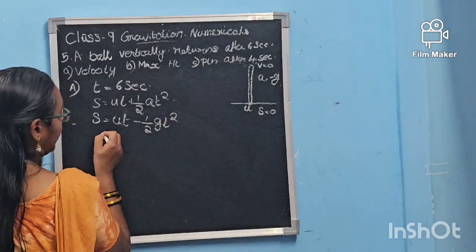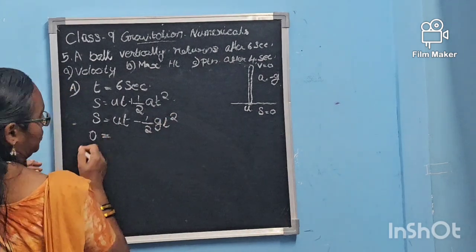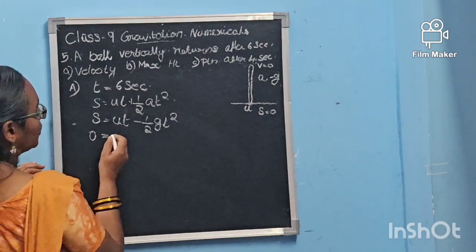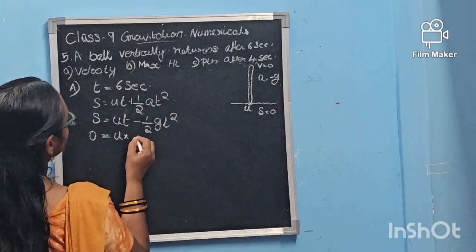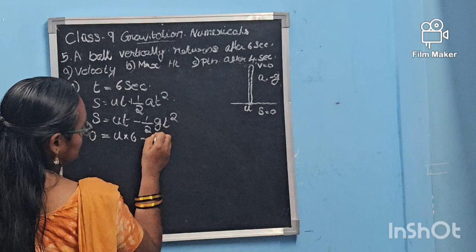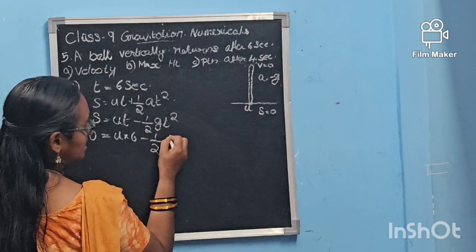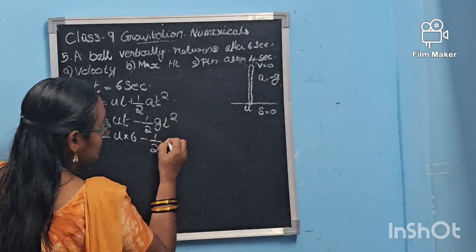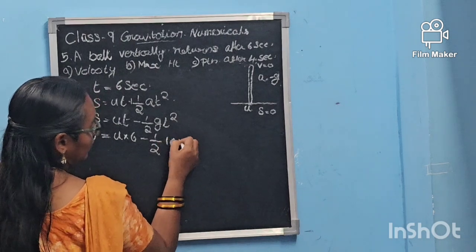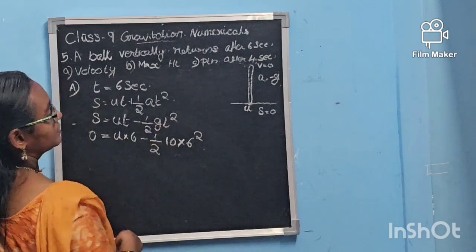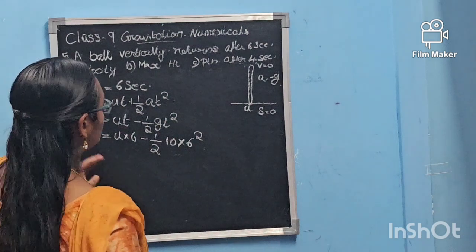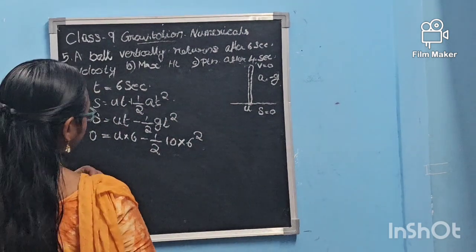Apply all the values: s is equal to 0, u is the one which we have to find out, and t is equal to 6 seconds. So 0 is equal to u into 6 minus half into g, and for our convenience we take g as 10, into t, which is 6, so 6 square. Isn't it? By this way we can find out the velocity.